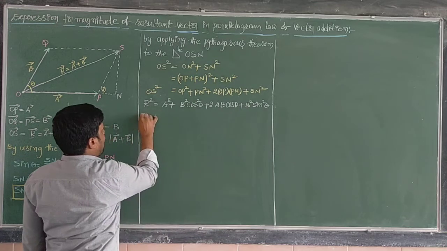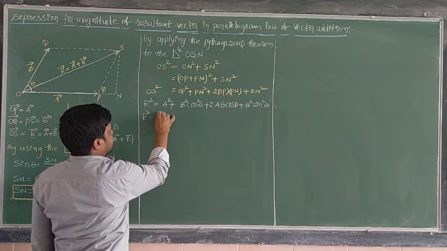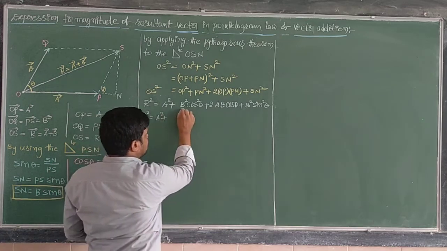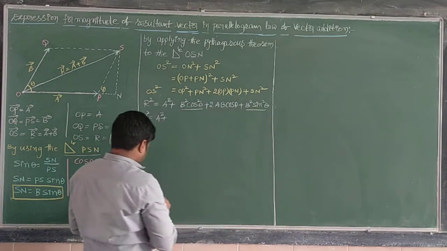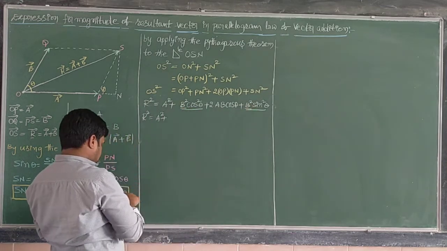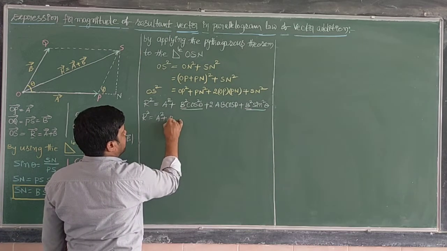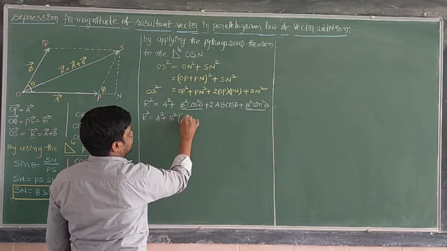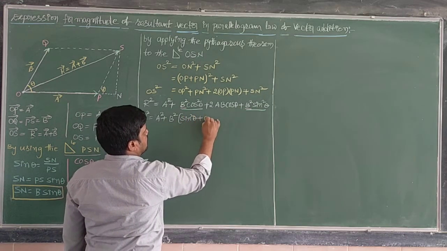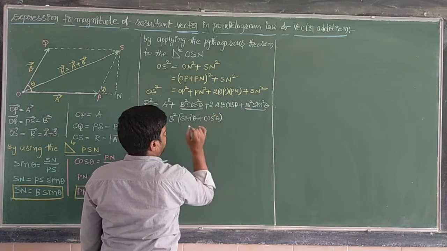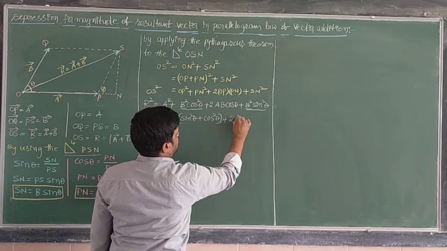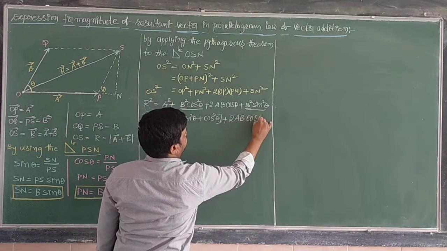Now from this, R square is equal to A square plus, here you just see in both terms, what is common? B square is common. If you take it out, the remaining in the bracket is sin square theta plus cos square theta, close the bracket, plus the remaining 2ab cos theta.